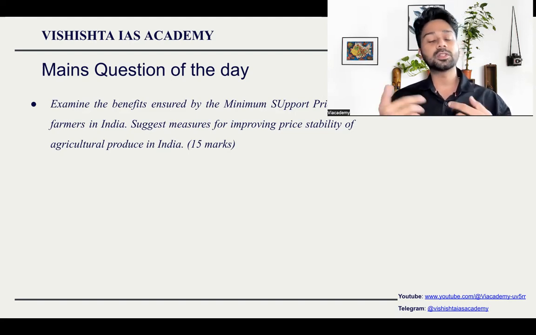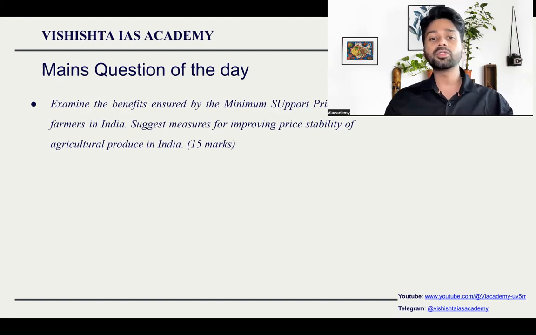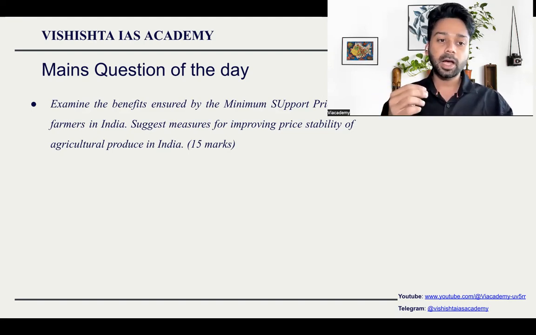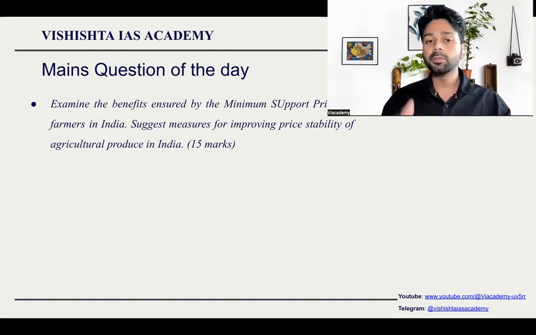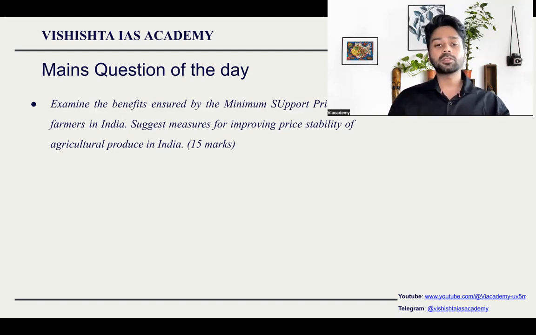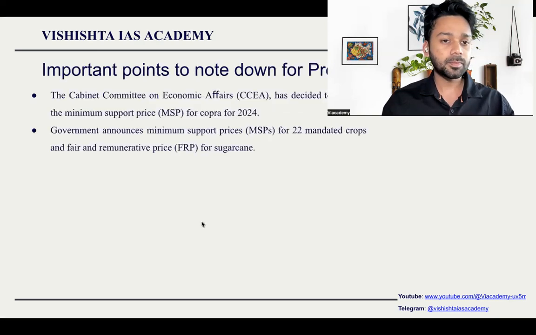So for that, more research and development is required, more investment in agricultural infrastructure is required, more push for farmer producer organizations is required, more push for cooperative organizations is required. These things will develop agriculture in the proper way.